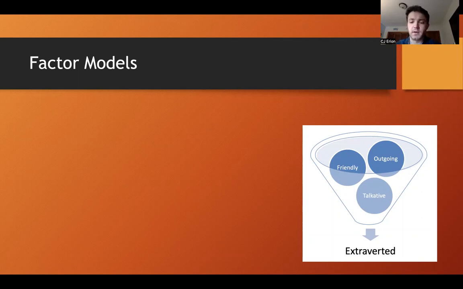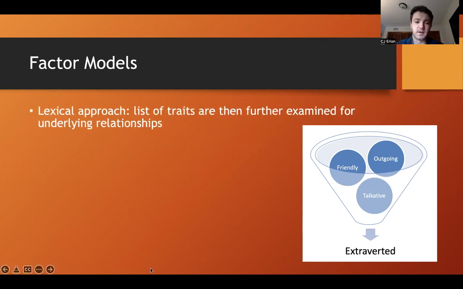And so one common way of doing that is through statistical approaches to try and find overarching traits, and that is where we get these factor models from. So with this approach, coming up with a list of traits that are then further examined for underlying relationships that, if found, are turned into the dimensions or factors.